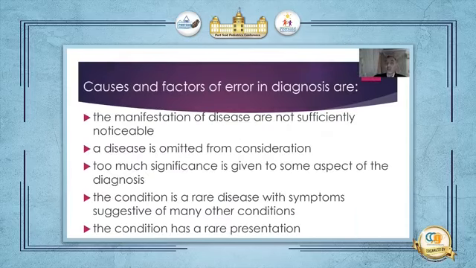What are the causes that can lead to error in the diagnosis? Either the manifestation of disease are not sufficiently noticeable, and actually it needs a science and art to go through and to see what's not seen, and to smell what cannot be smelled by others, and to feel what is not there.